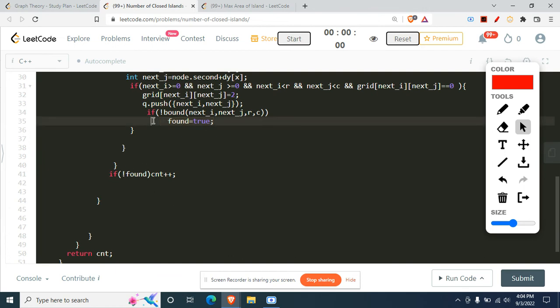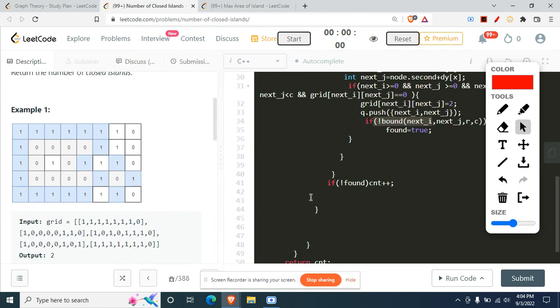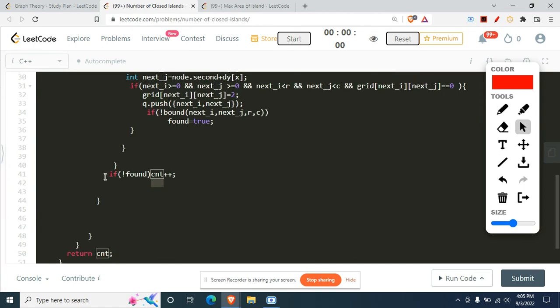So this is where I've maintained a found value. If I'm not on an edge, I will increment my value, and if I'm on the edge, I will not increment my value. This part is what found is taking care of.